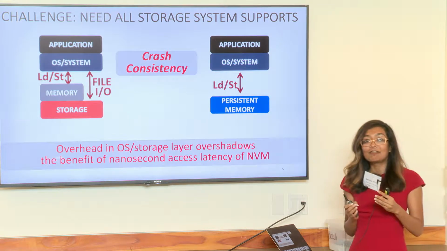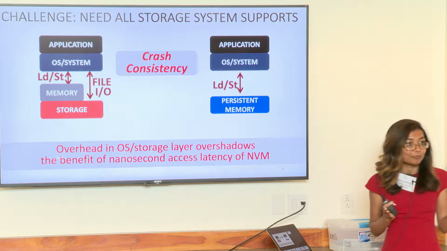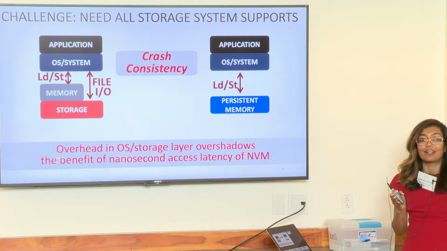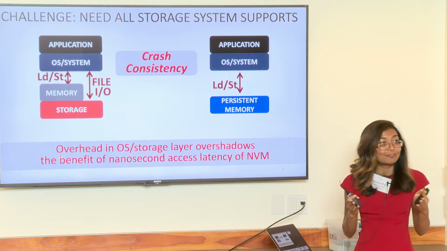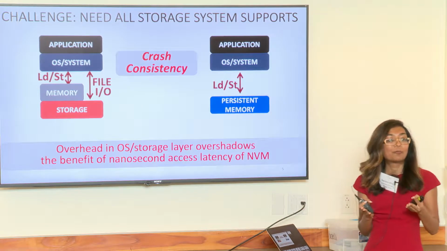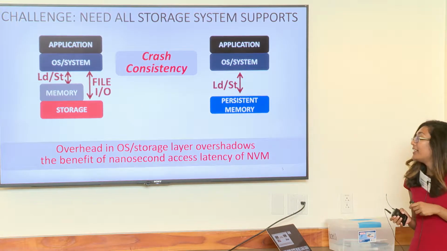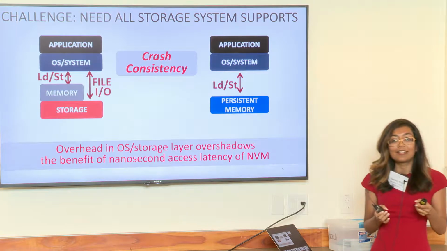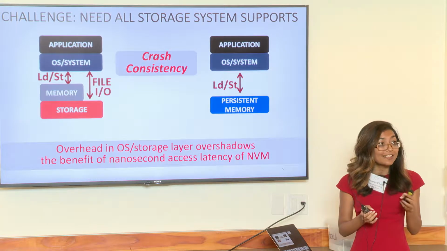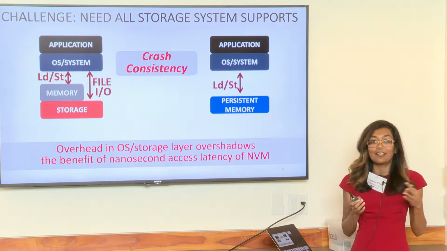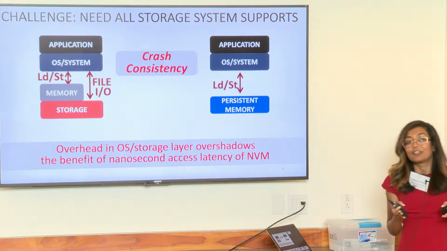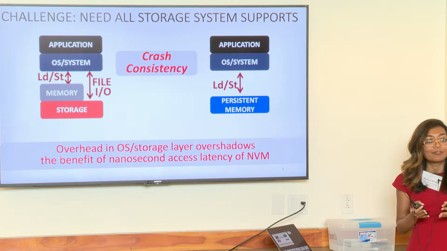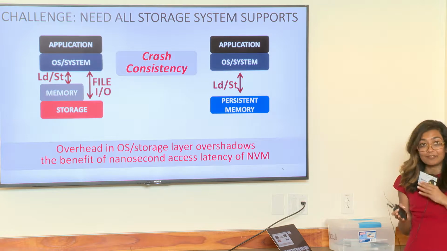Traditionally, the file system is supposed to provide that support, so applications don't have to do that much to provide that guarantee. But now we want to avoid the microsecond latency of switching into the kernel, so that it doesn't overshadow the benefit of nanosecond latency NVM.